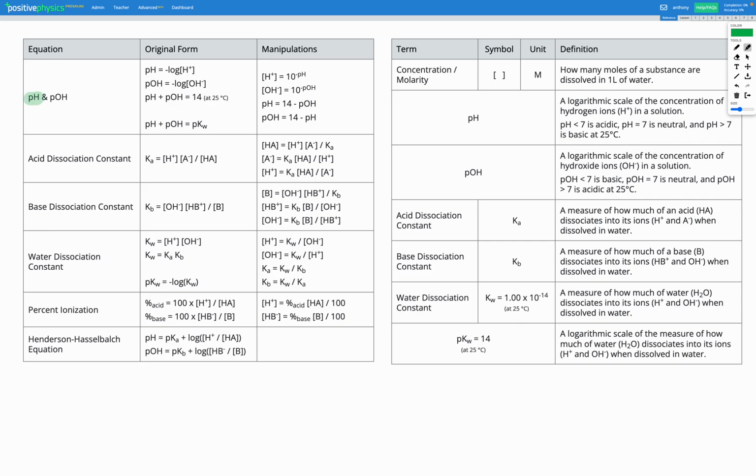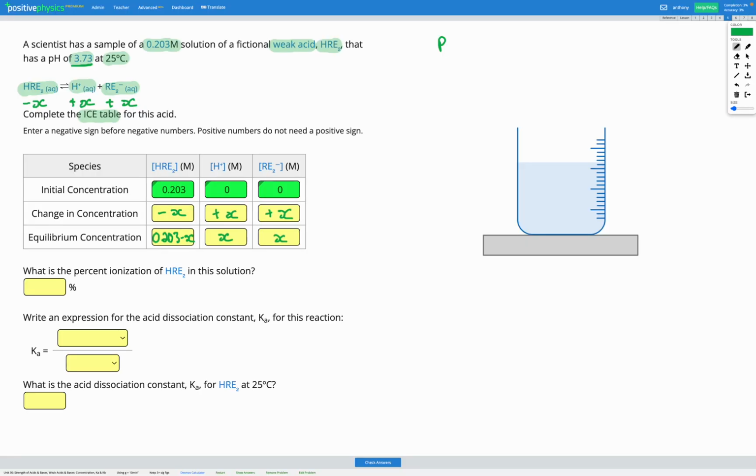Here's our pH equation. pH is negative log the concentration of H plus. So we know pH, and we're trying to find the concentration of H plus because that is in this column of our ice table here. So let's rearrange this equation for the concentration of H plus.